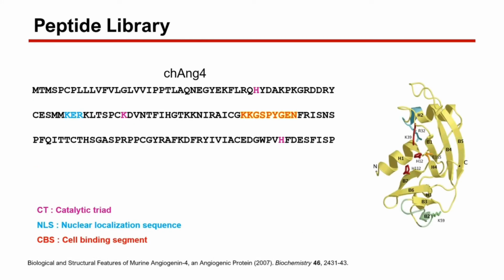In order to develop our peptide library, we looked at chicken angiogenin 4 or ChANG4. This is an antimicrobial protein. Some of the important regions of this protein are highlighted here, and these are active sites which we looked at to derive new antimicrobial peptides.